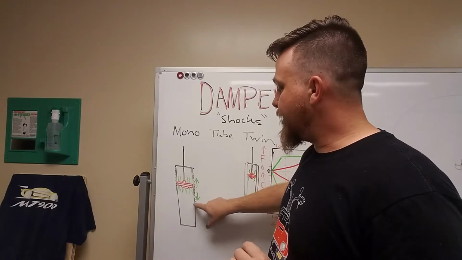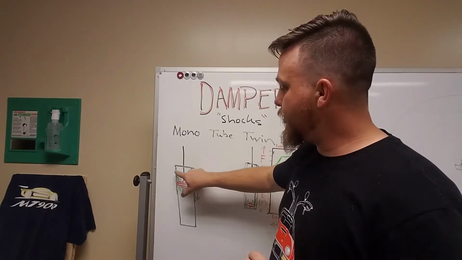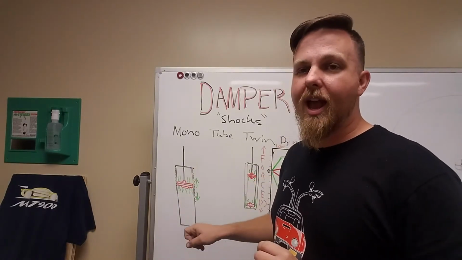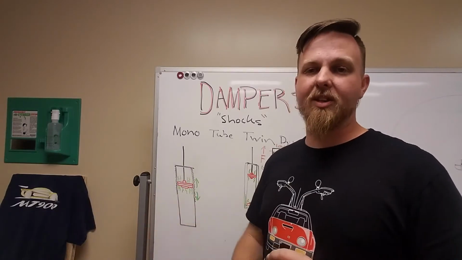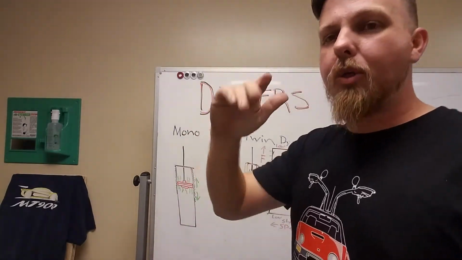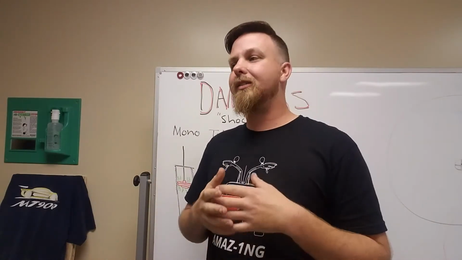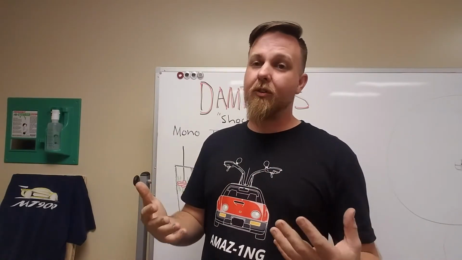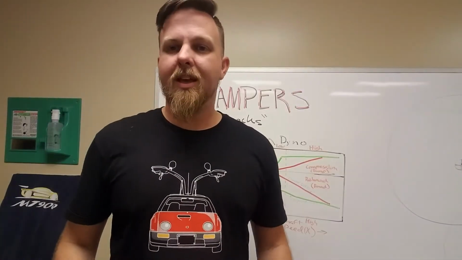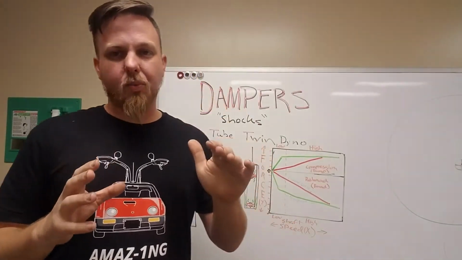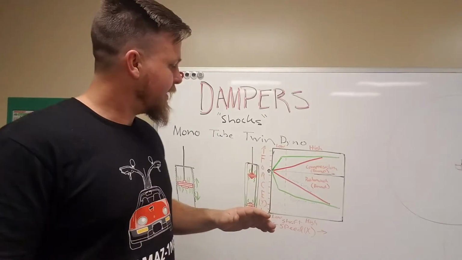The other thing is that since you only have this one tube, it can dissipate heat, because as the piston moves up and down through the fluid, it can heat the fluid up. Having the fluid be able to cool itself so it doesn't overheat is important. So that's one of the benefits of a monotube.